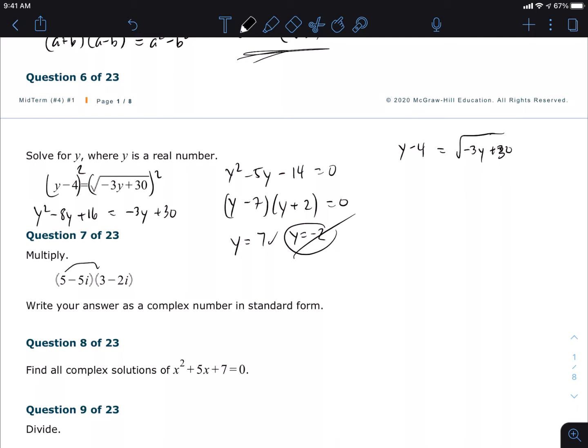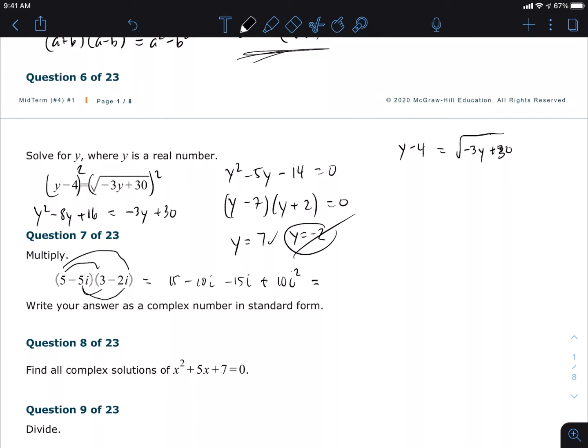So I'm going to go 5 times 3. That's going to give me 15. 5 times 2i, that's going to give me 10i. And then negative 5 times 3 is going to give me a negative 15i. And then the negative 5i minus the negative 2i is going to give me a plus 10i squared. Now, one of the things you need to remember is i squared is negative 1.